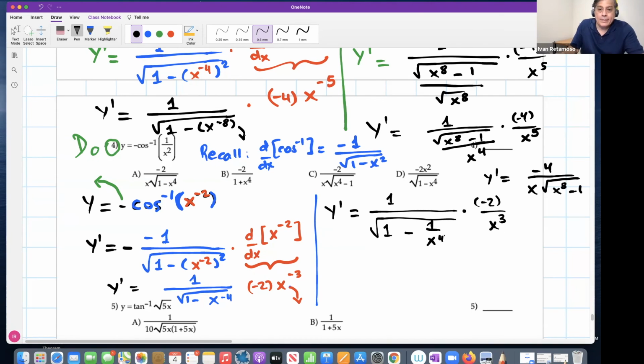As Gonka pointed out. Very good. But now multiplying these two guys on the top, we'll be left with negative 2, right?